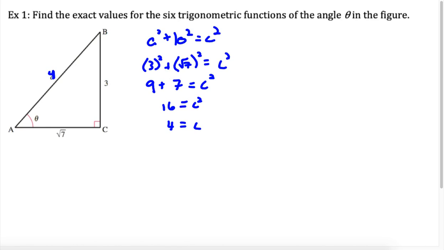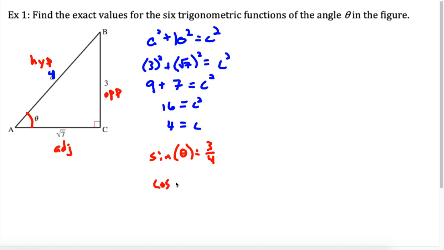Now, with respect to this angle, let's label the sides. So with respect to this angle, this would be the opposite side, this would be the adjacent side, and this would be the hypotenuse. So sine of theta will be opposite over hypotenuse. So that would be 3 over 4.